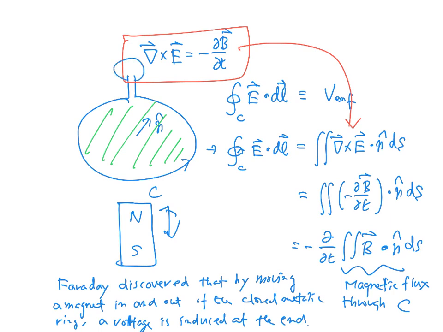There is a voltmeter that is moving. So we discovered that by moving the magnet in and out of the closed metallic ring, the voltage is induced, or current is generated. So that is the invention of an electric generator.